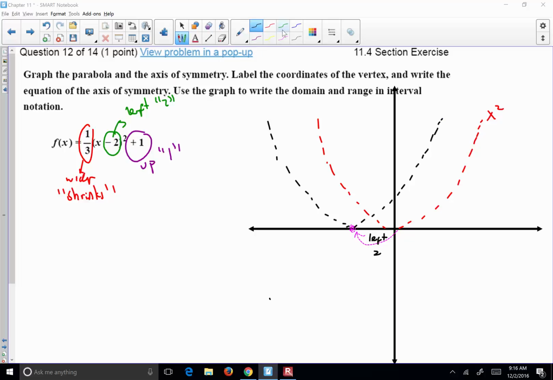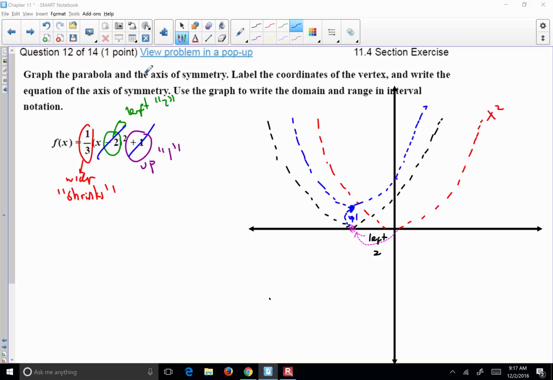Second, I'm moving this up 1. Up 1. Same width again. Left, up, done, done.